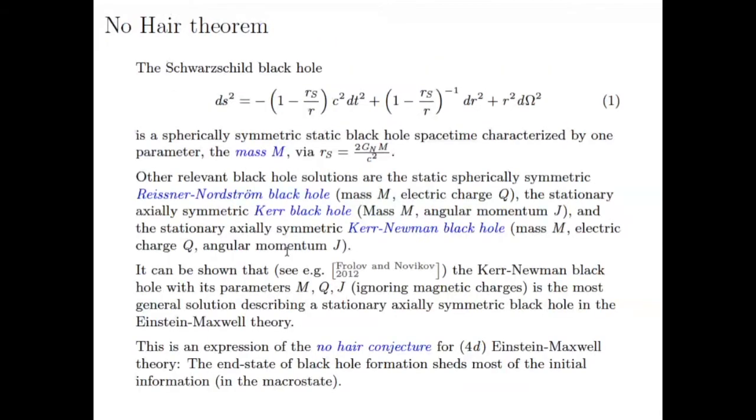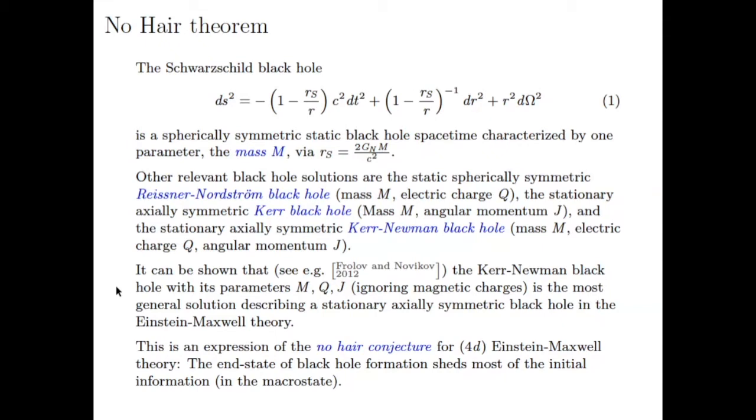Remember, we have these three parameters here: m, q, j, the mass, the charge, the angular momentum. And of course, there are also geometric properties of the black hole, like the size, the area of the event horizon. So if we vary these parameters, how do they change?